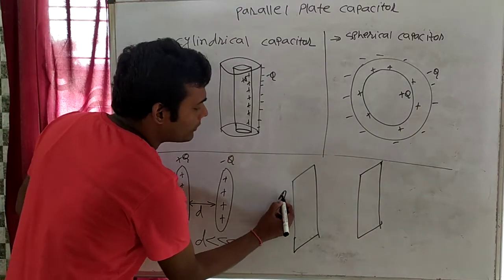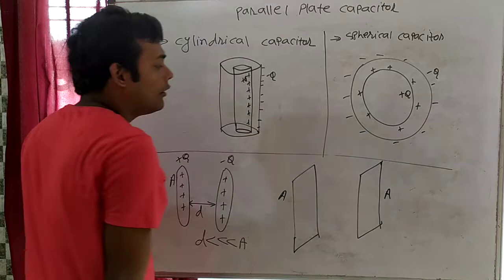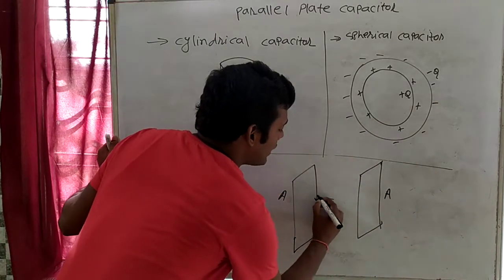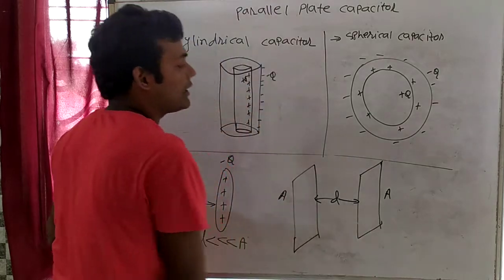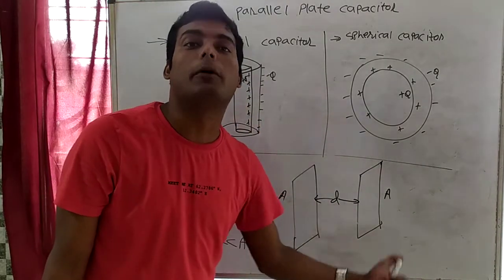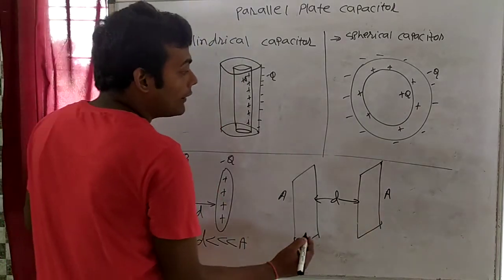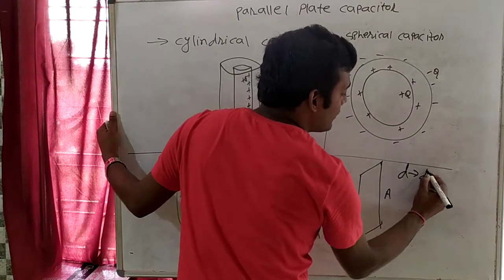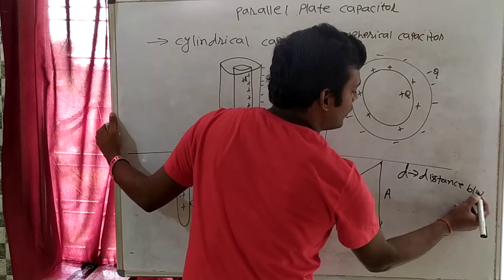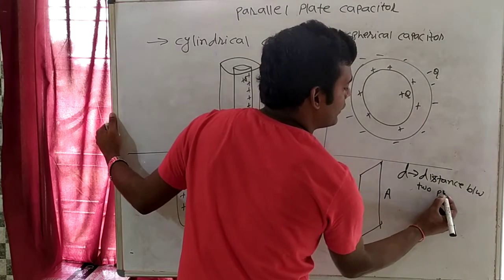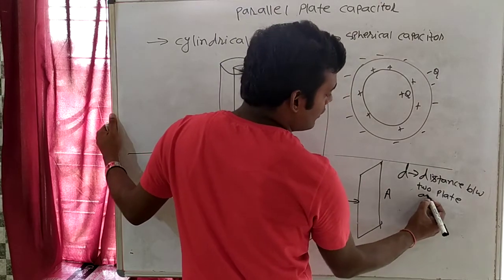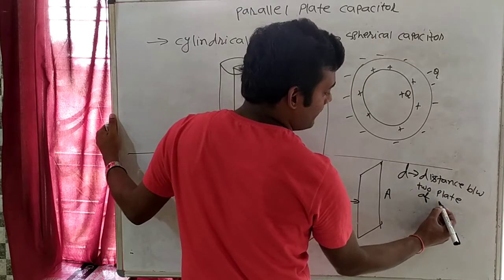Both areas will be something like say A and A. Both areas are taken the same, and let's say this is the distance, a small d. A small d is the distance between two plates of the capacitor. कैपेसिटर के दो प्लेट के बीच का डिस्टेंस इज नॉन एज स्मॉल d.